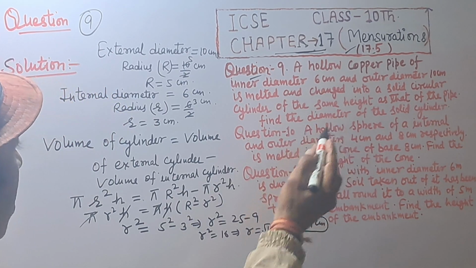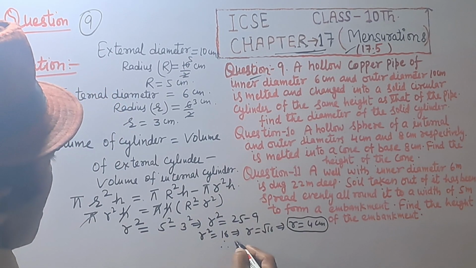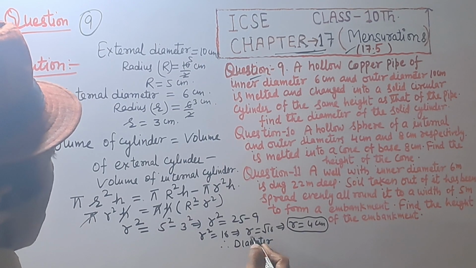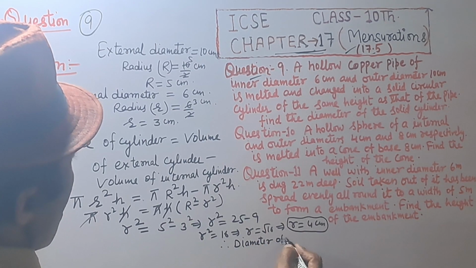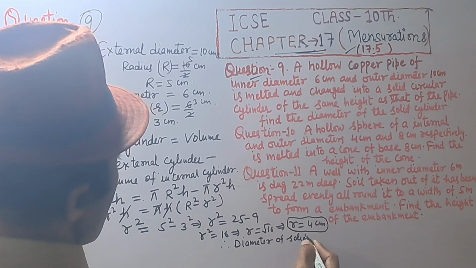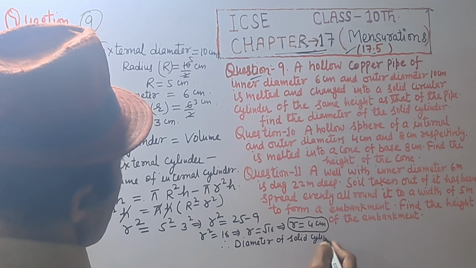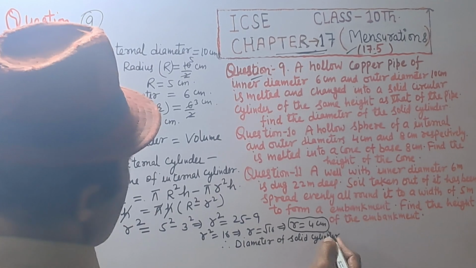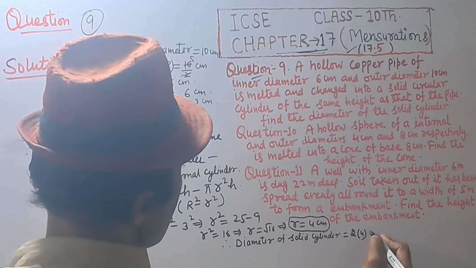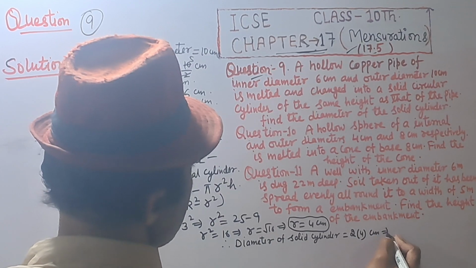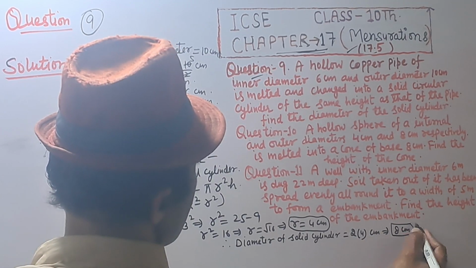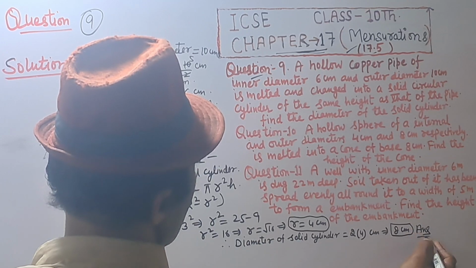And we find the diameter. So diameter of solid cylinder is equal to 2 times the radius, 4, which implies 8 centimeter. Answer.